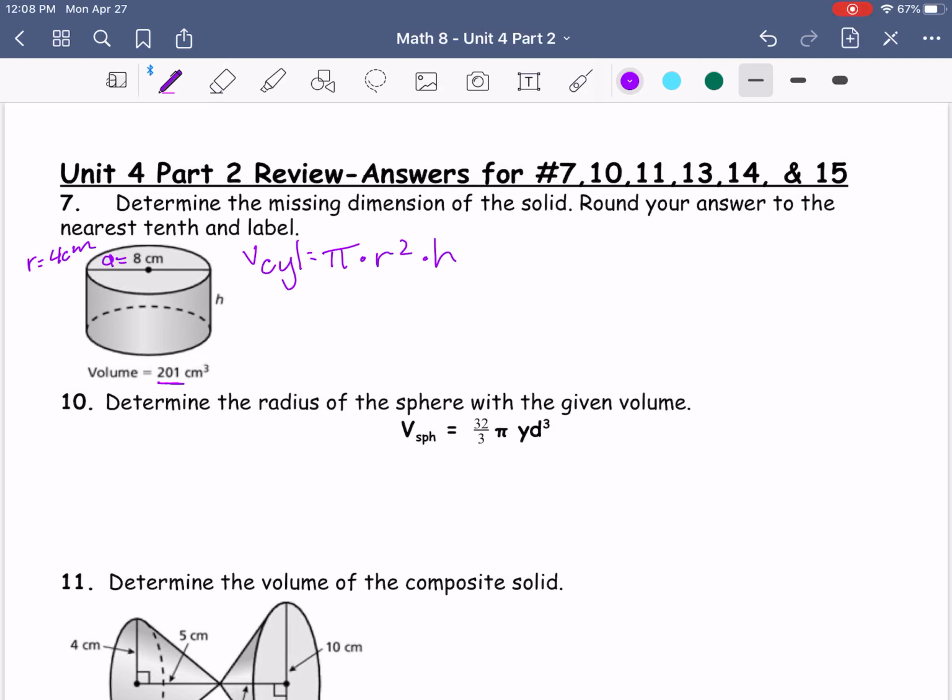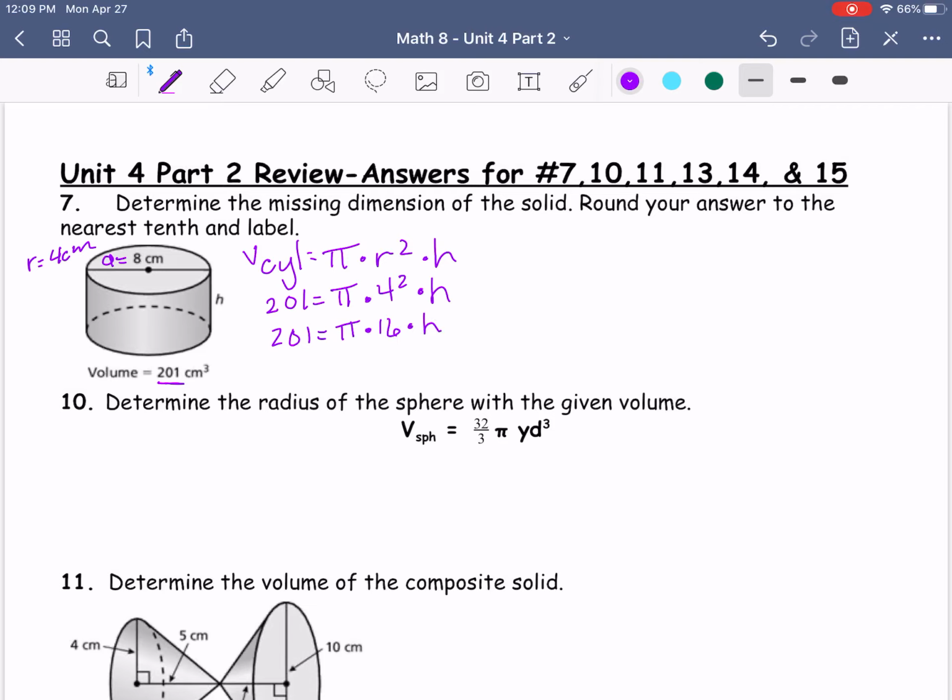So we have our volume and our radius, and we can use those to figure out the height. So in place of the volume, I'm going to put 201. Pi is pi, and our radius, as we came up with, is 4 squared. Okay, so now starting to work through, I know 4 squared is 16.